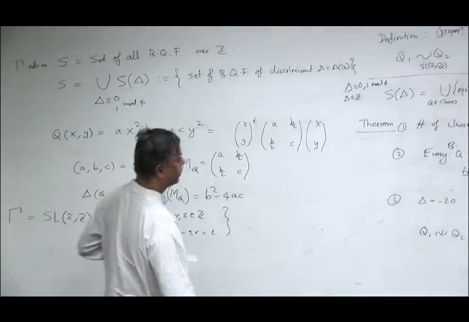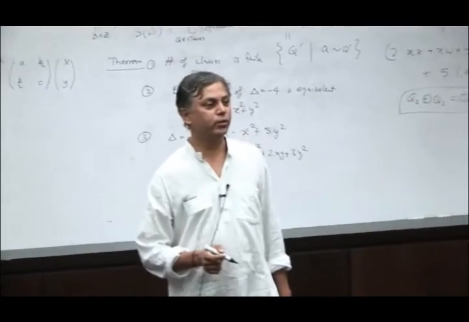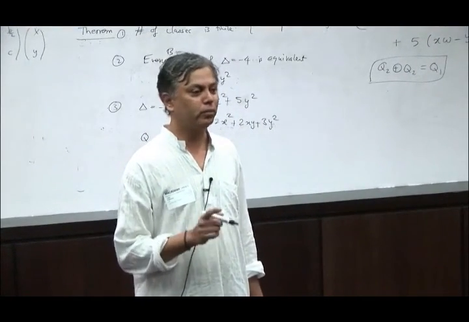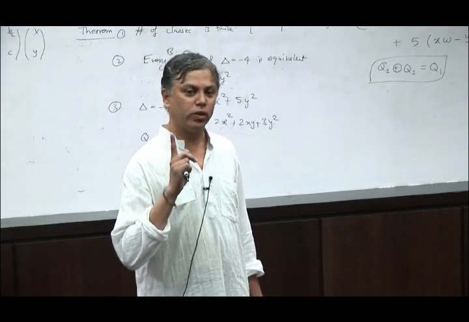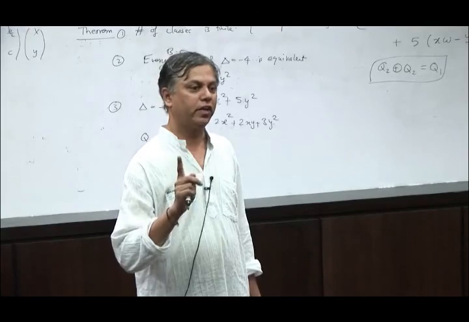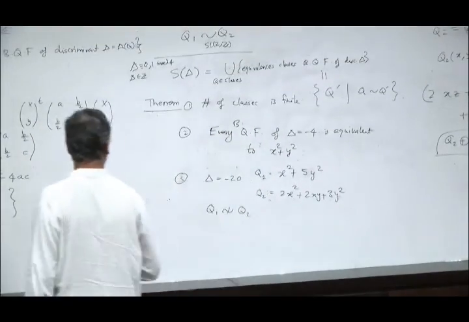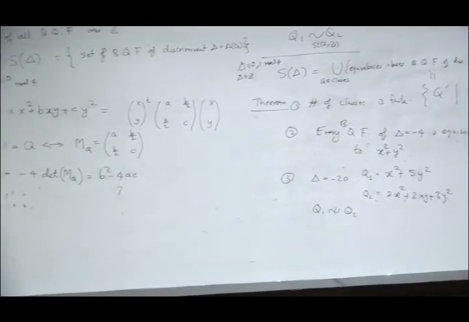By the way, it's an open question. If I take delta positive, it's an open question to show that S delta has only one class for infinitely many delta. It's a very big open question. Anyway, let's move on.